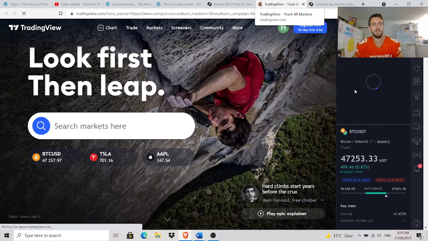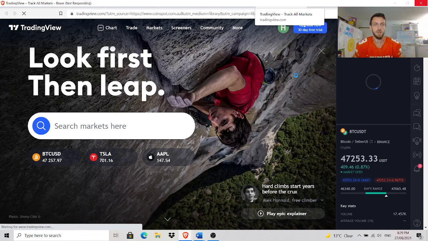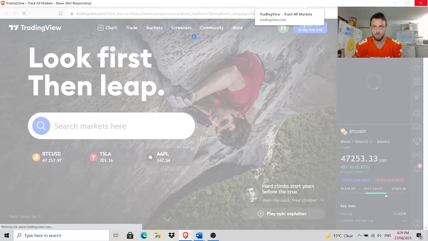Oh, TradingView. Sorry, that just popped up because I clicked on the side of my chart. It's not taking forever to load. Oh no, oh no. What happened? Don't do this.